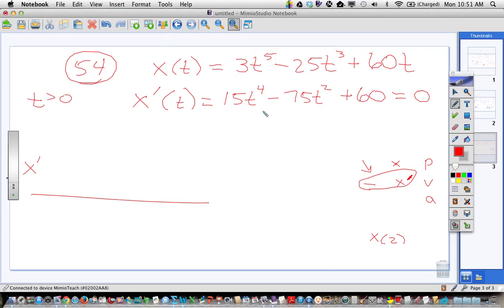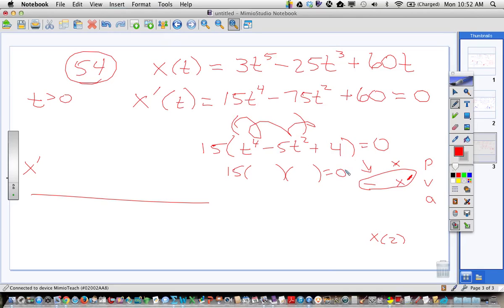So I can, oh man, let's see. Let's take out a 15. That'll make that much easier. T to the 4th minus 5t squared plus 4 equals 0. Right? So what do I got?